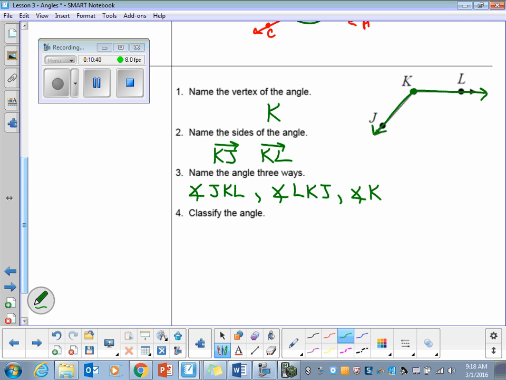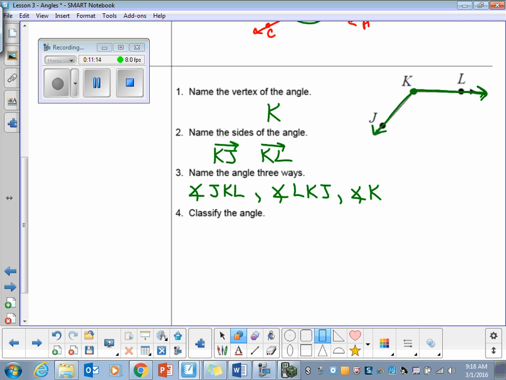So classify the angle. Is it acute, obtuse, right, straight, or reflex? Well, it's not acute. It's definitely more than 90 degrees. It's not right. One of the things you can do is use what we call the corner test. You can line up the corner of your paper on the vertex and the top edge of your paper along KL.